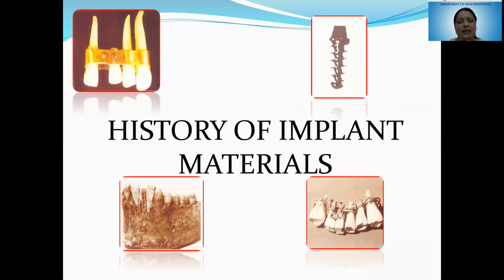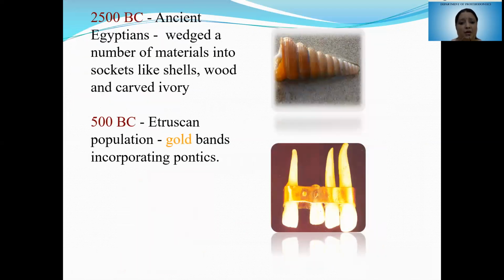Let us take a brief look at the history of dental implants. Do you think these implants are a recent innovation? Definitely not. Ancient Egyptians, as early as 2500 BC onwards, used a number of materials like shells, ivory, wood, etc., and wedged them into the alveolar bone to simulate teeth.